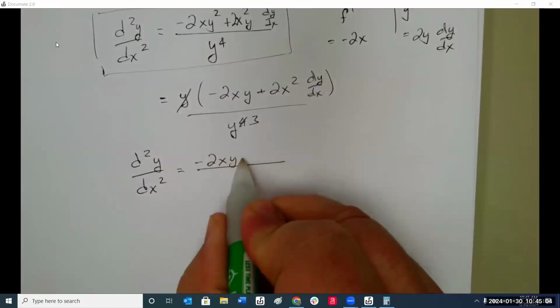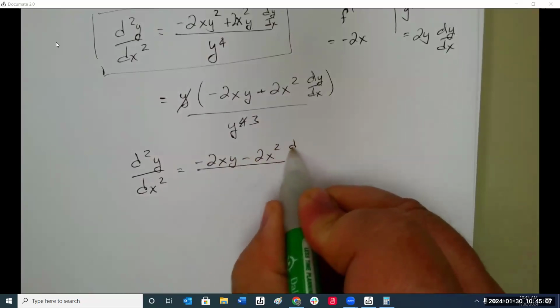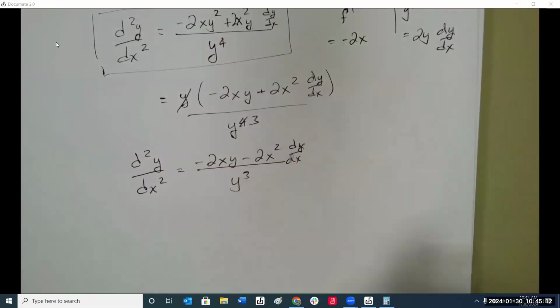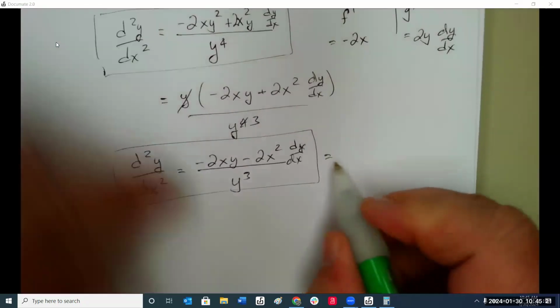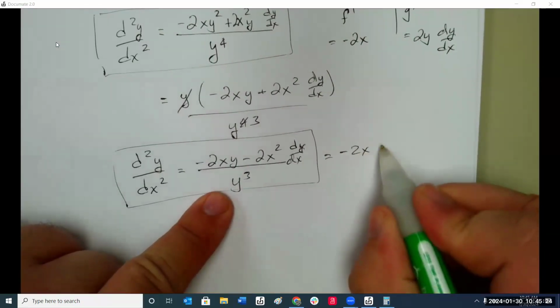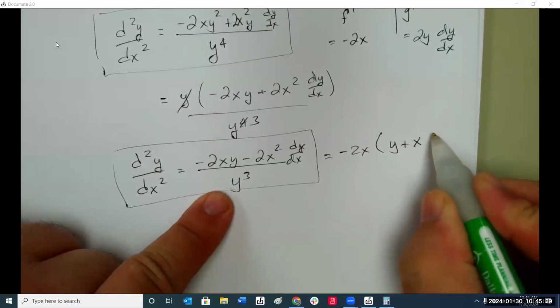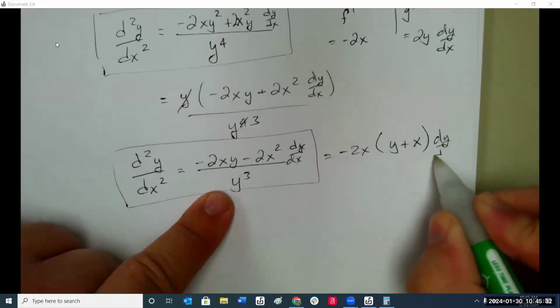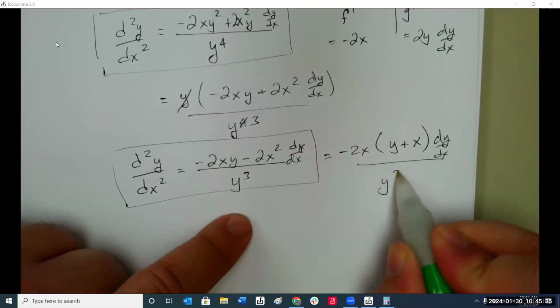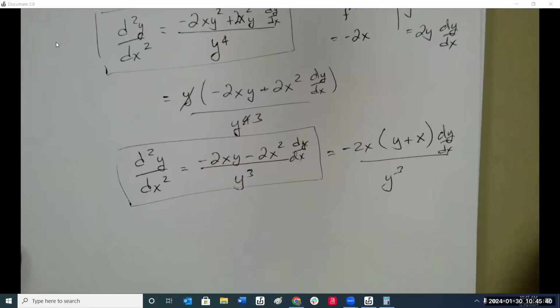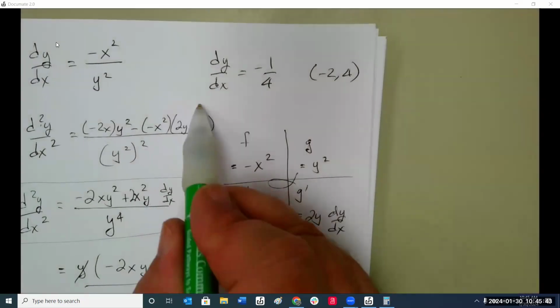Nothing else cancels. We can factor stuff out, but it's not going to do any good for us. Well, we could factor out a negative 2x, which will give us y plus x dy/dx. The only thing that's going to do is make it easier for us to plug in numbers, and we have these numbers we have to plug in.